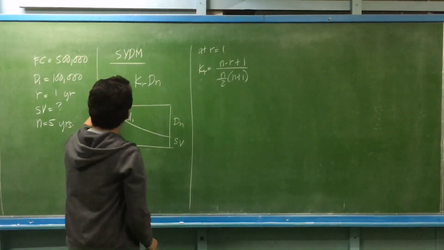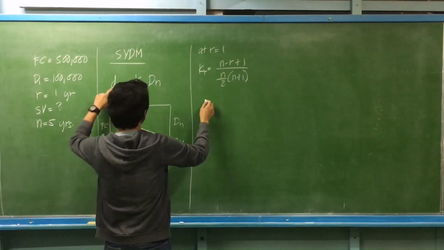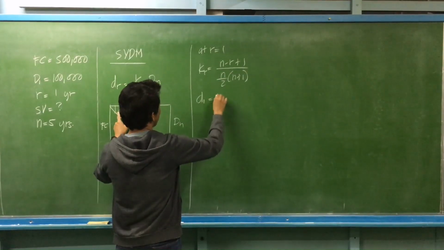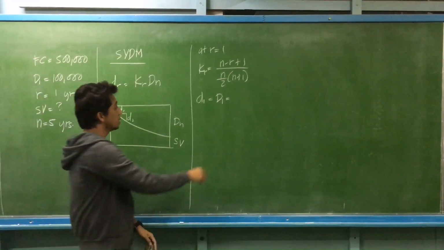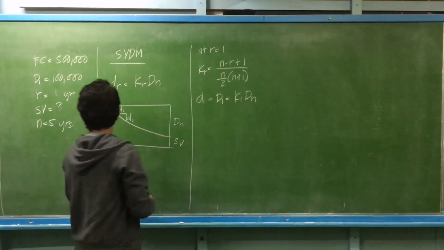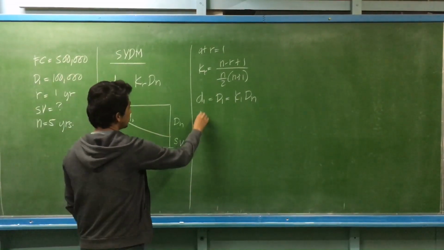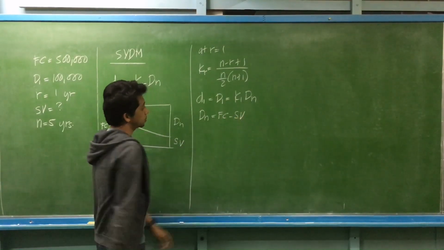So ngayon, that is the same as a D sub 1. So yung D sub 1, yung small d natin is equal sa capital D1 natin, or the total depreciation after a first year, is equal to K sub 1 D sub N. Okay? So given yung first cost, ano ba ulit yung equivalent ng D sub N? So alam natin na yung D sub N is first cost minus salvage value.